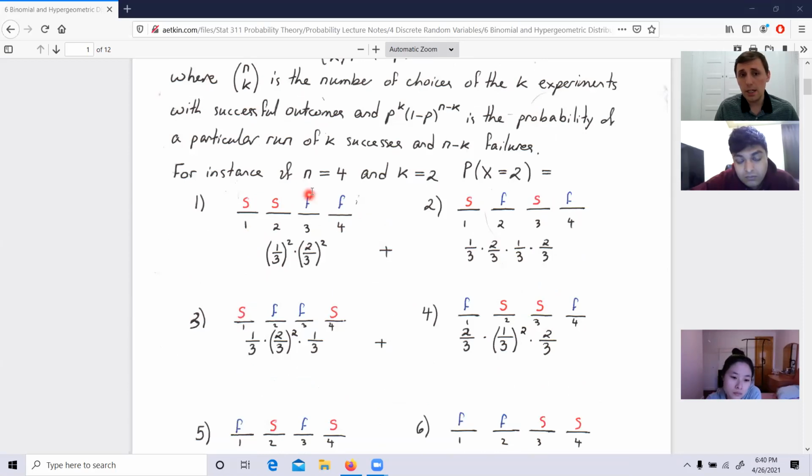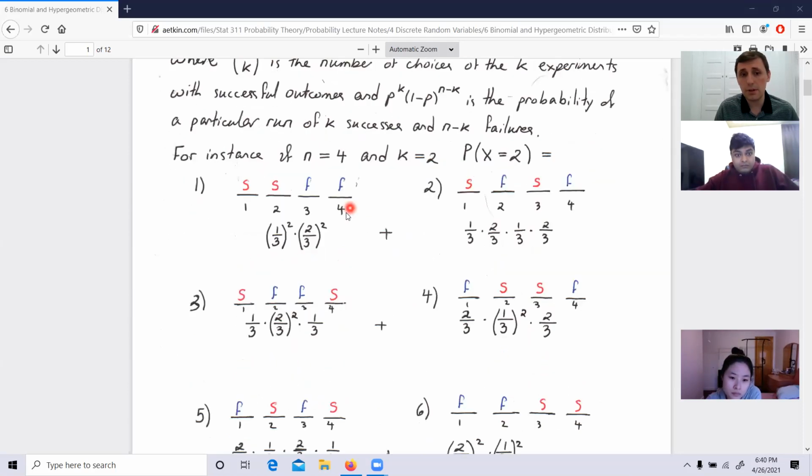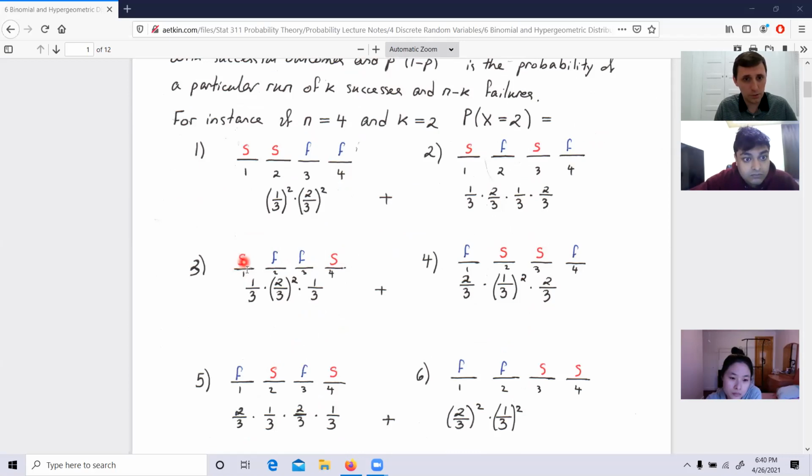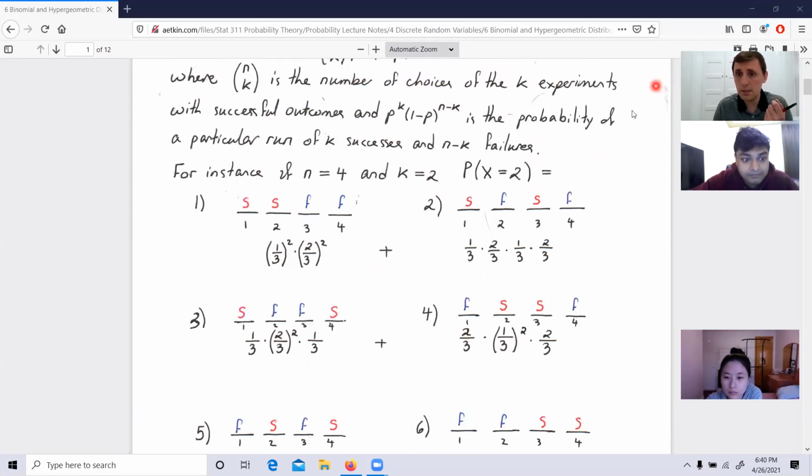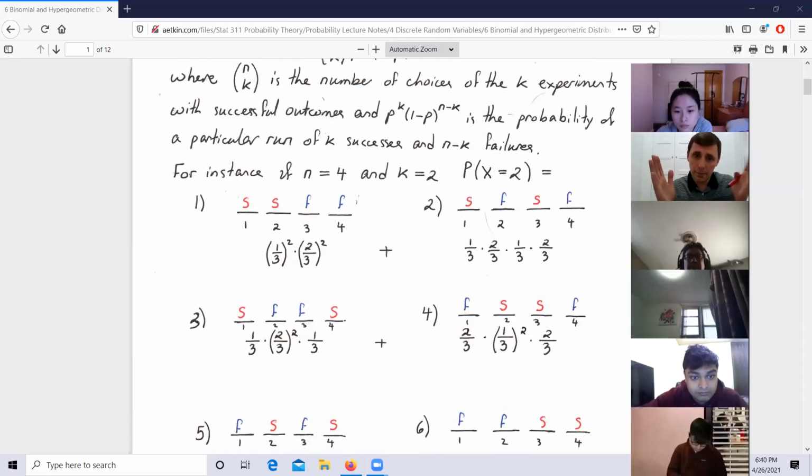For example, if the probability of success is 1/3, here I had 2 successes: success on the first trial, failure, failure, success. You see, this is the product. For other arrangements, the product is different, but I can always group together successes and failures, because the product itself is going to be the same, 1/3 to the power 2 times 2/3 to the power 2 in this case.